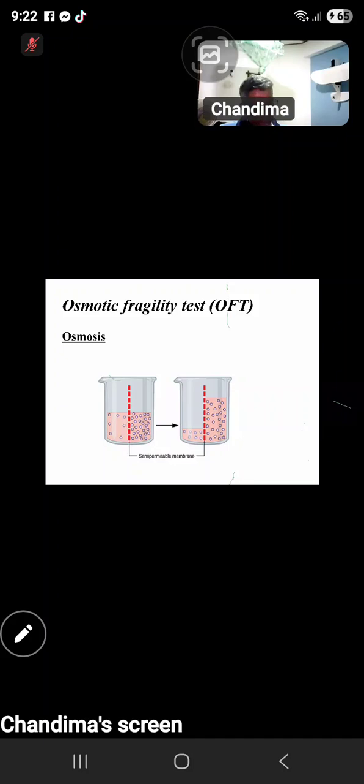Compare with that, calculate the percentage hemolysis of the others. And then plot a graph of the percentage hemolysis against the sodium chloride concentration, right?